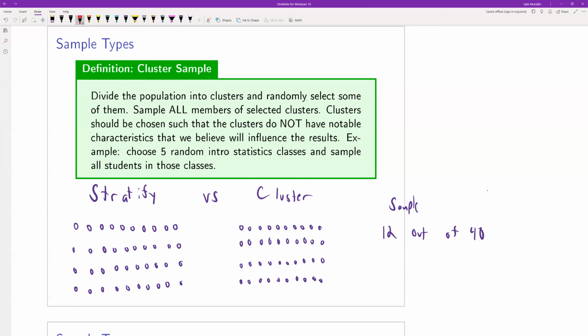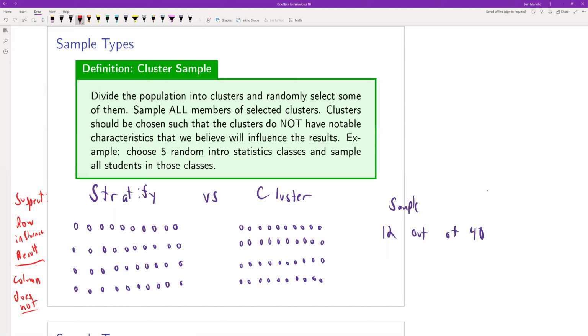Now, for the stratify example, let's suppose that we expect that each individual row will influence the results, but we suspect that the column does not. So we think that based on which row these individuals are in, we expect to get different answers.